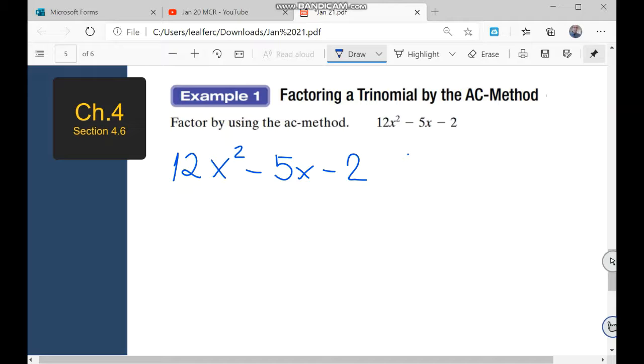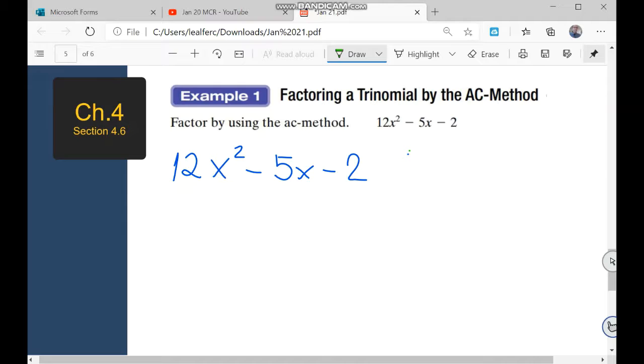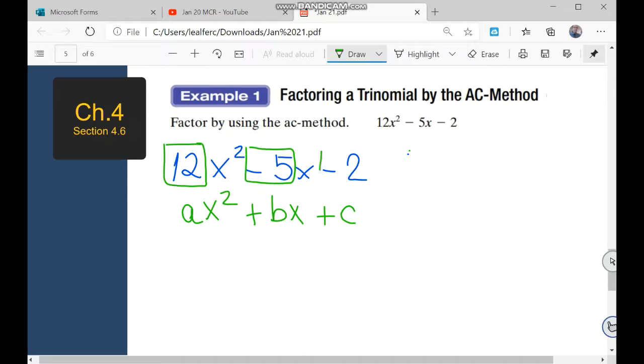To be able to work the AC method, you need to have the polynomial in the form ax squared plus bx plus c. That means 12 is going to be A, negative 5 is B, and negative 2 is C. Clear? Let me write down here. A, B, and C.